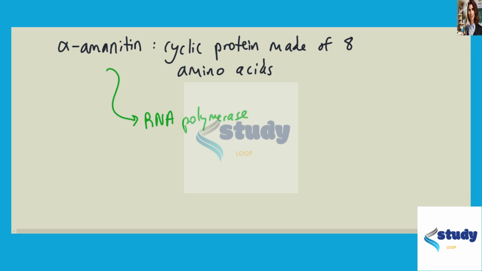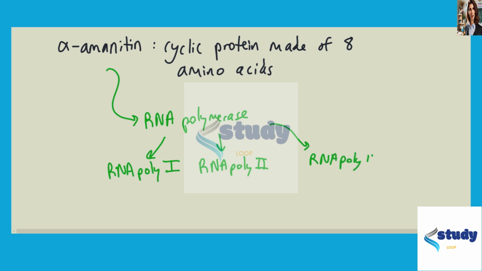But we also know that there are multiple different types of RNA polymerase: RNA polymerase 1, RNA polymerase 2, and of course RNA polymerase 3. You might think, why does this matter to us? Well, it turns out that alpha-amanitin has no effect at all on RNA polymerase 1.